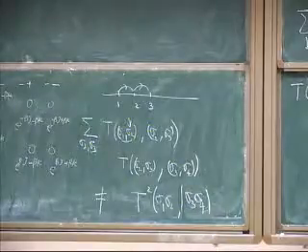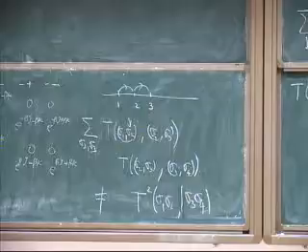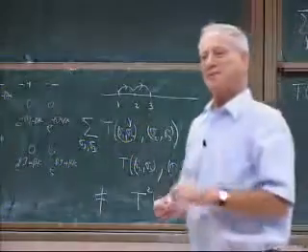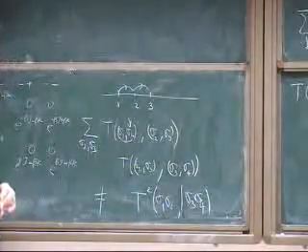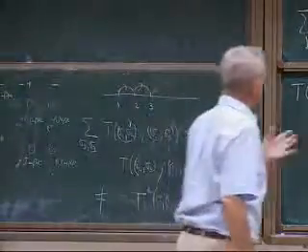Transfer of pairs. That will get a matrix structure. So this is nearly right. There's still one slight mistake. So what is it? It looks right.